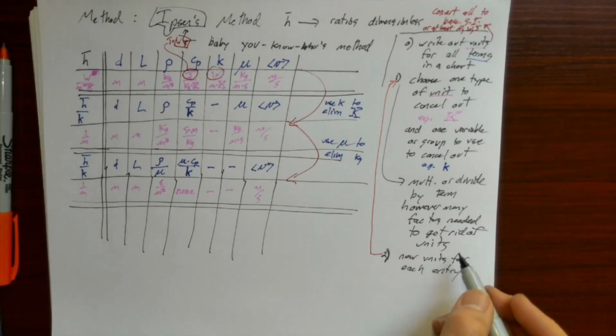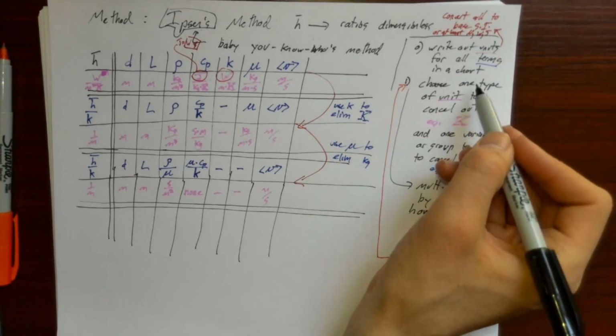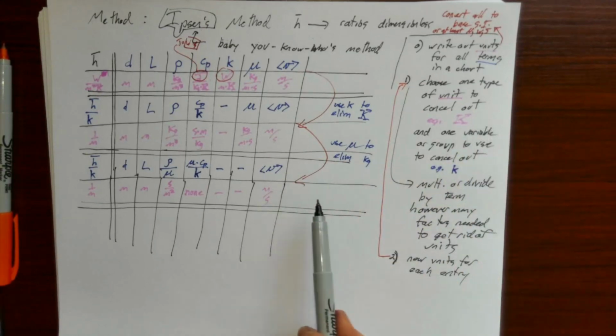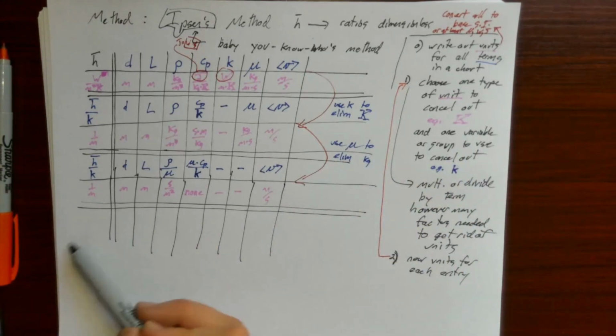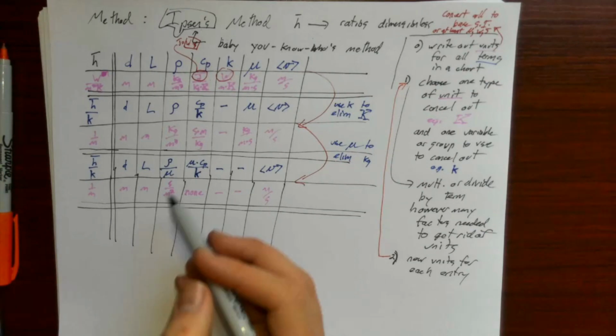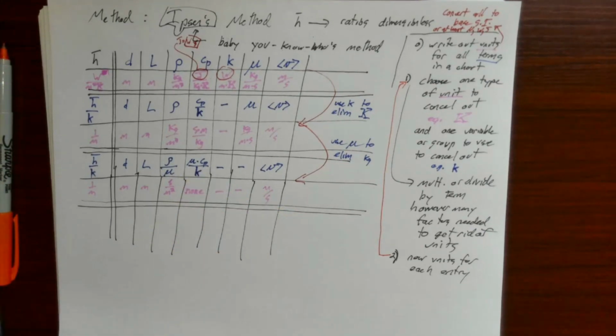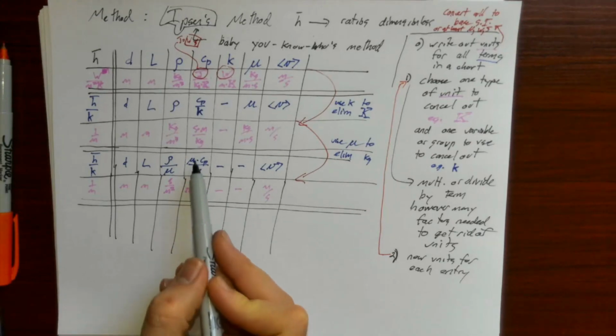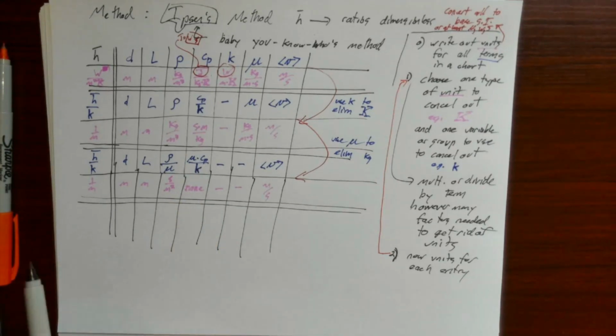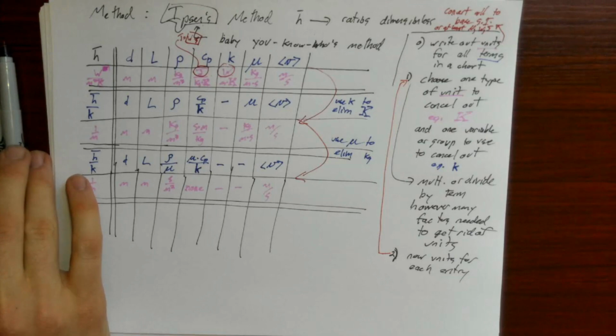We just found the new units for each entry. Now we iterate again. We'll do this a couple of times until we've formed only non-dimensional things here and only non-dimensional groups like this one that I've found here. So I'll have either eliminated something from a column or brought it all the way to the point where it's a dimensionless quantity.